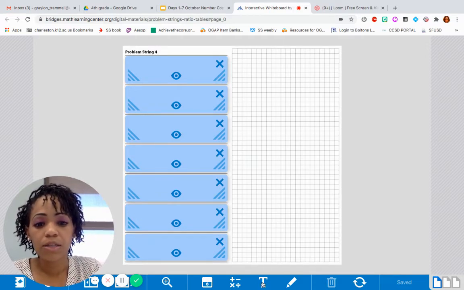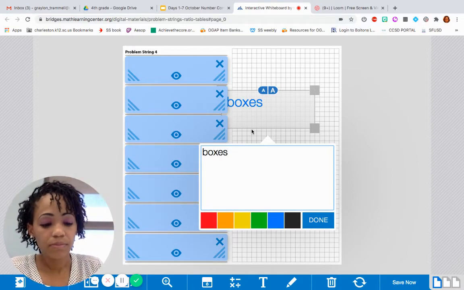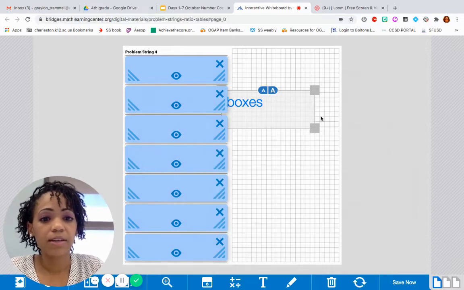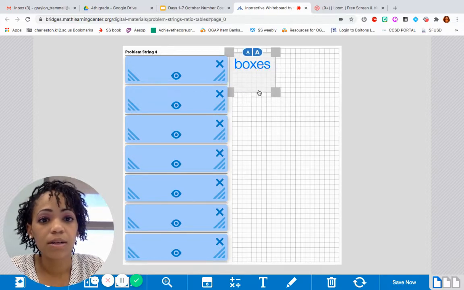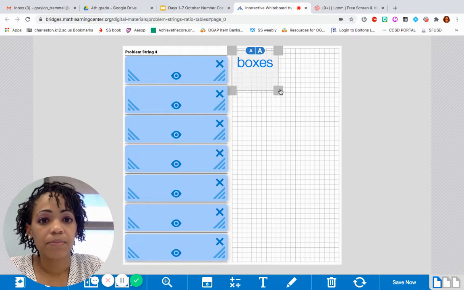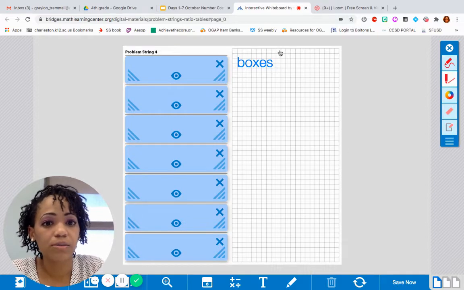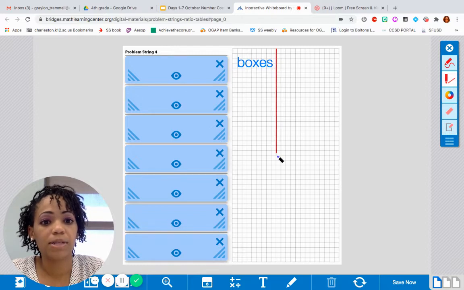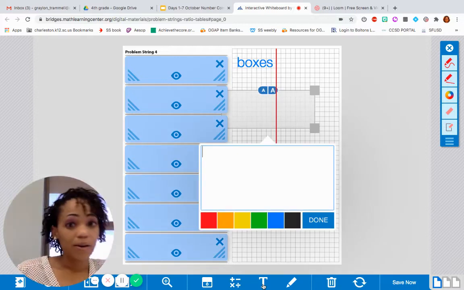So I want one side to say boxes, and I want the other side, so I'm going to make boxes here, and I'm going to make it smaller this way. Okay, and I'm even going to put a line in between it just so I can separate the two that I'm working on. So here's my line. Make it as straight as I possibly can here.